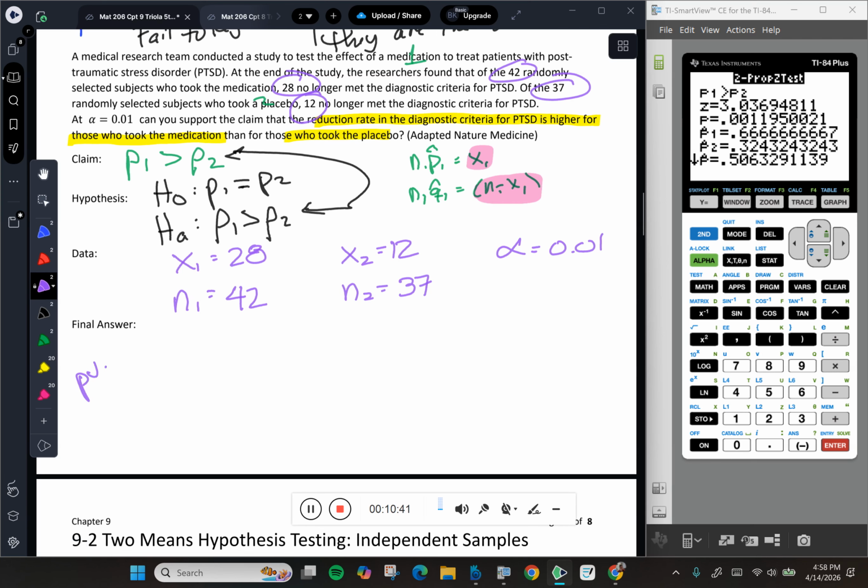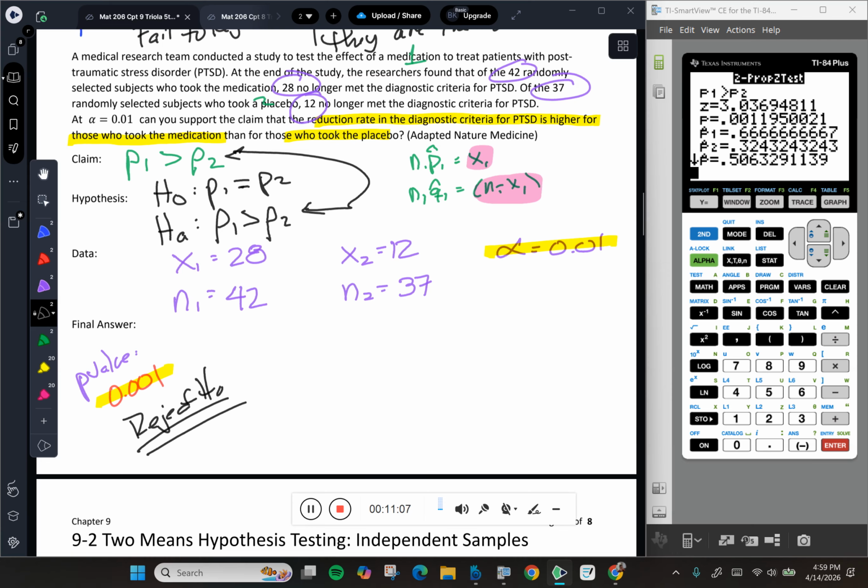I need the p-value though, and I get a p-value of 0.001. When I compare p to alpha, 0.001 is less than alpha, which means we are going to reject the null. Since the claim was the alternate, I'm rejecting the null.